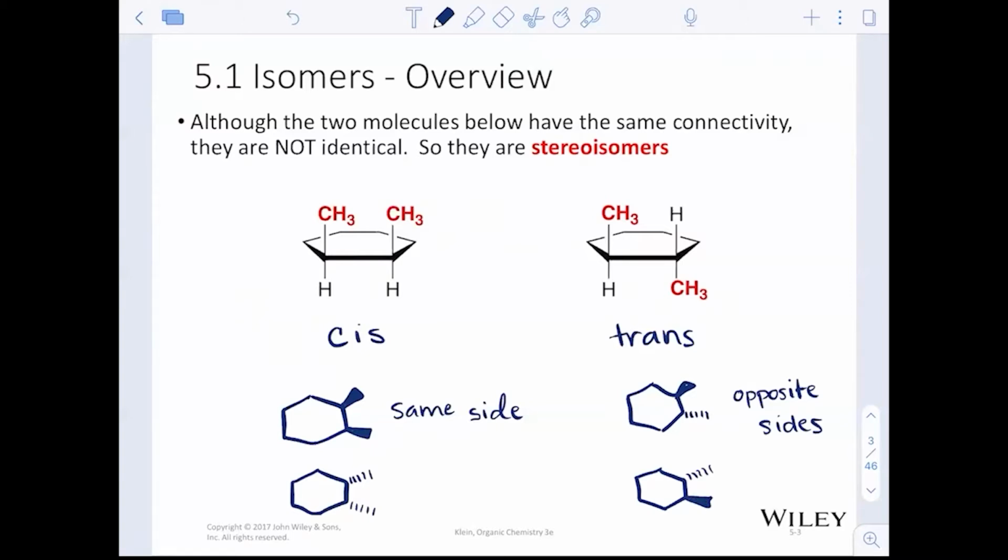We're going to talk about what a meso compound means a little bit later. So right now, just be able to look at these Haworth projections and compare them to the perspective formulas and be able to identify cis versus trans. That's all we really need. So in order to give these compounds that unique IUPAC name, we use the prefixes cis and trans.